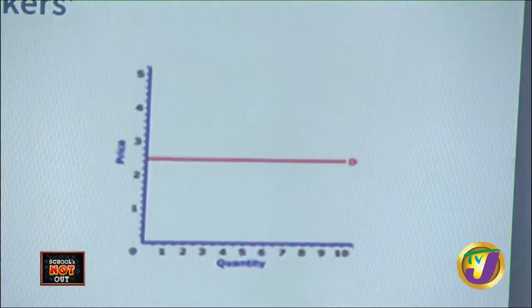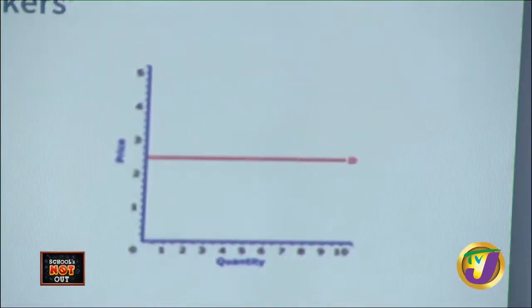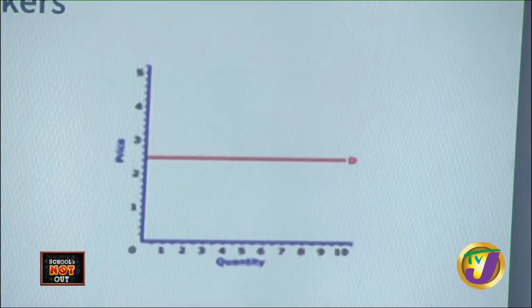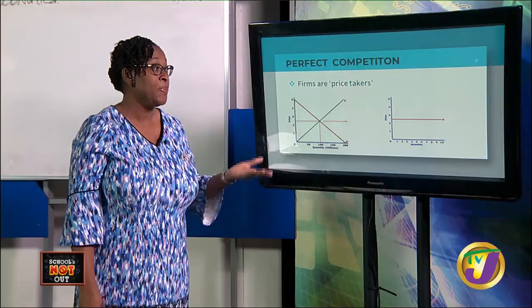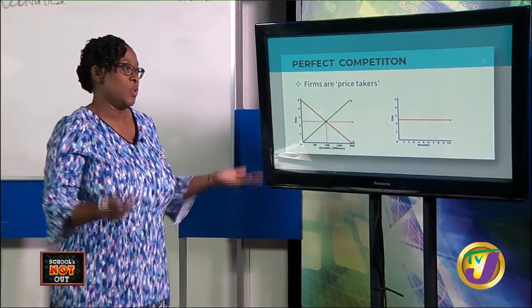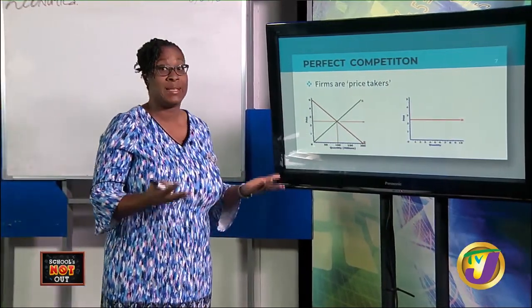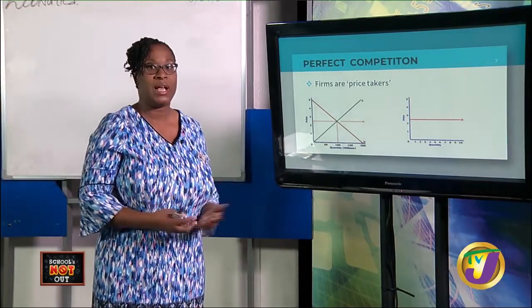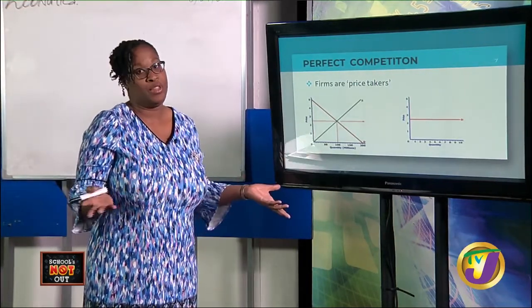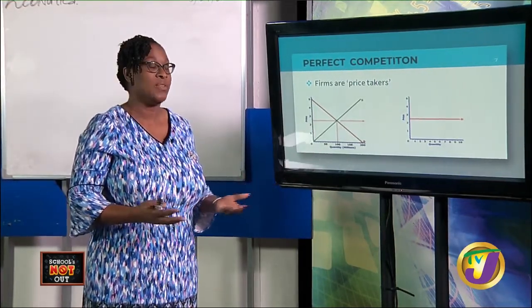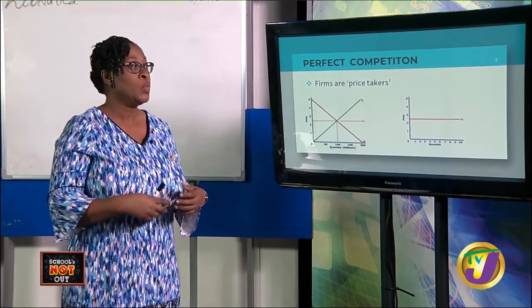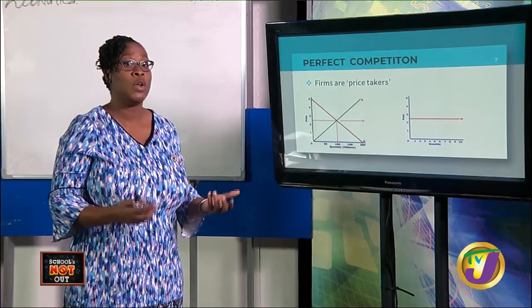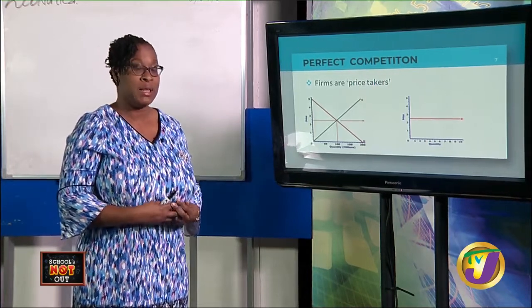It means that consumers are well aware of the price of the goods sold in this market. So, for example, I've just used bag juice as an example, everyone knows that bag juice is $30 or $20, whatever the price may be. And if you try to increase the price, no one will purchase that.